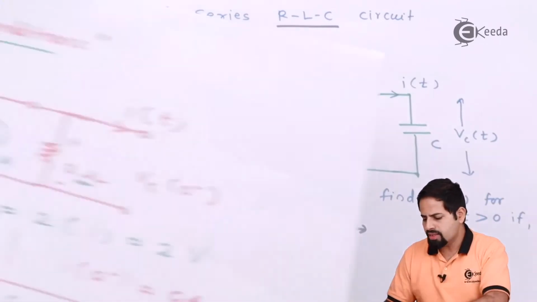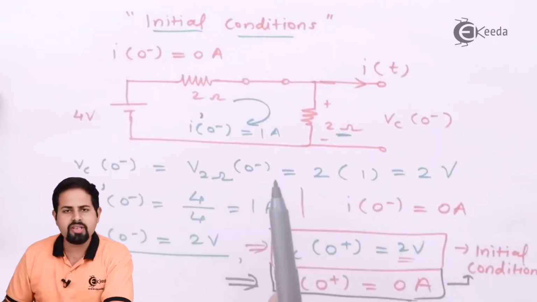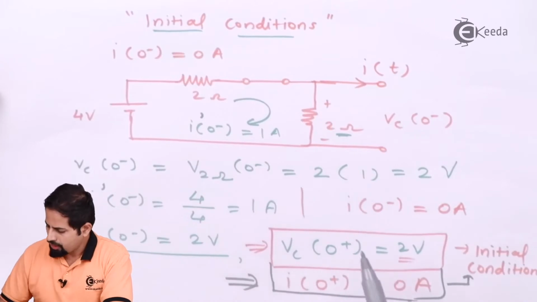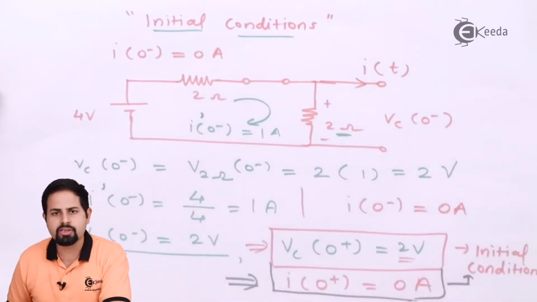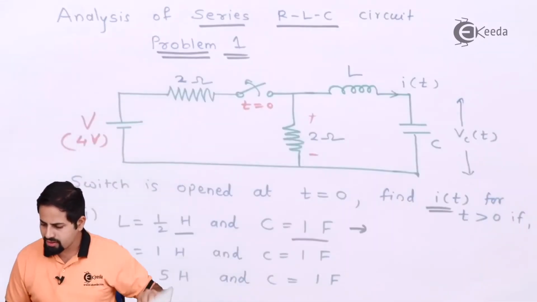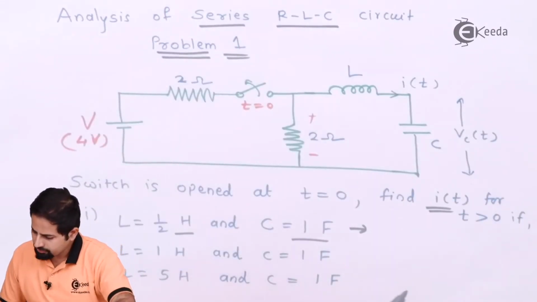Before that, I come to this initial condition page. Initial conditions obviously will not change, so I of 0 plus will remain 0 ampere as it is, and this everything is true.